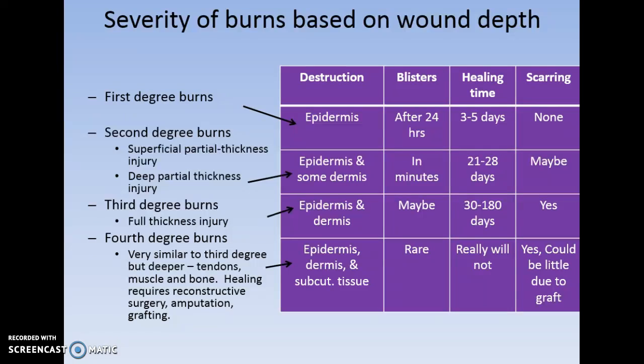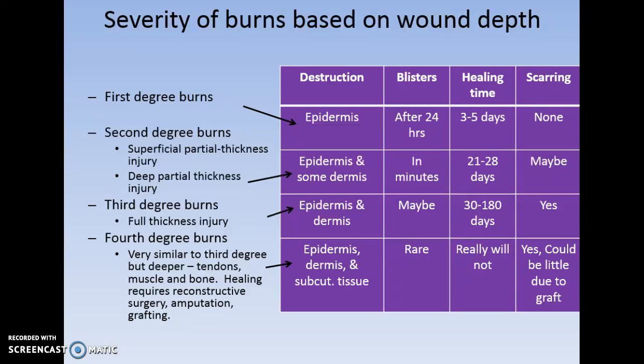With the deep partial thickness, that damage could actually be deep enough that you're starting to see destruction of those nerves. And so the pain is going to start to be diminished, or could be diminished to some point. And with the full thickness and fourth degree burns, those tactile and pain sensors are destroyed in that area, and so you won't actually have pain from that location.